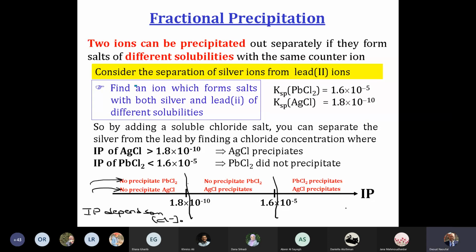If Cl- added in the solution gives a value of IP greater than 1.6 10 minus 5, you will have precipitation of Pb2+ and Ag+ both. And if IP is between 1.8 10 minus 10 and 1.6 10 minus 5, you will have precipitation of AgCl without precipitating PbCl2.